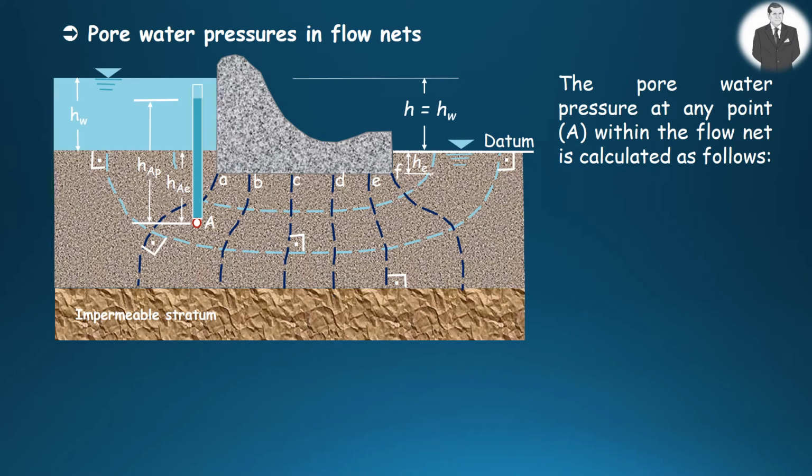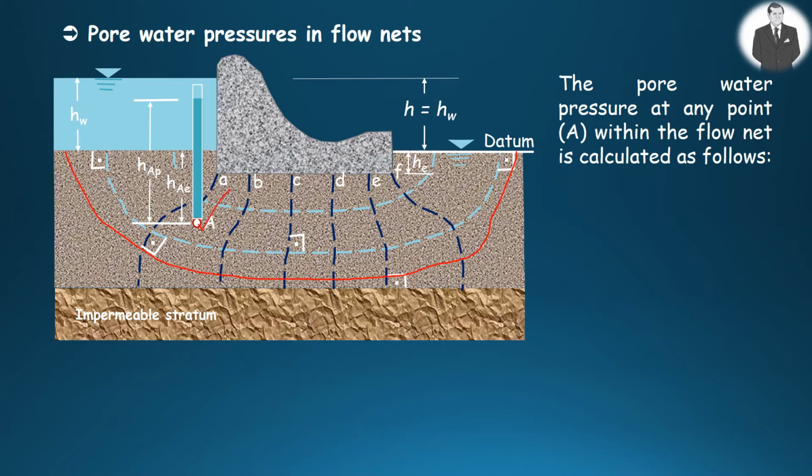The water pressure at any point within the flow net construction can be calculated. For this, let us consider a case where water flows from the upstream to downstream beneath a dam, as shown in the figure. After constructing the flow net, let us choose point A as given in the figure.